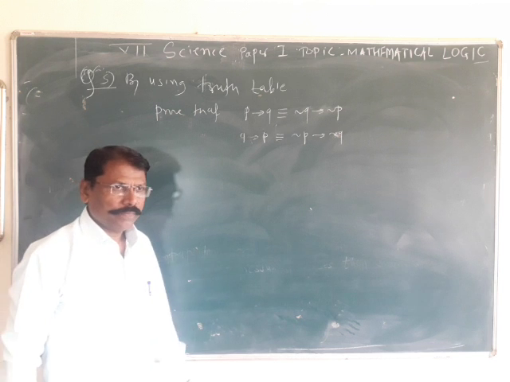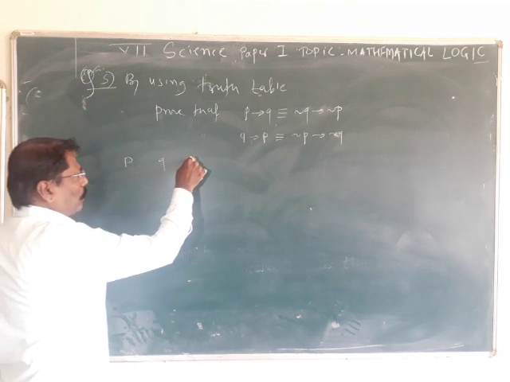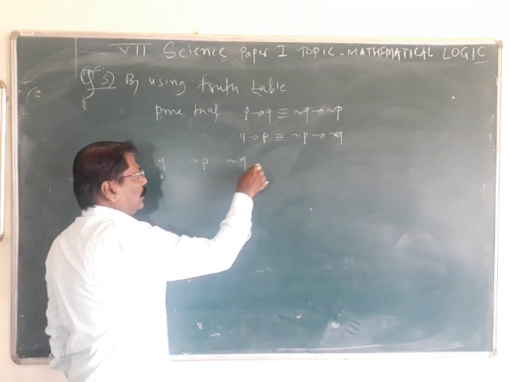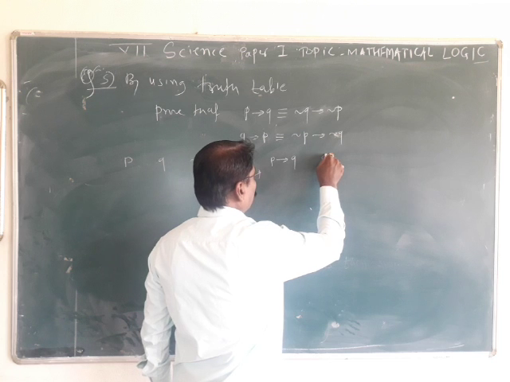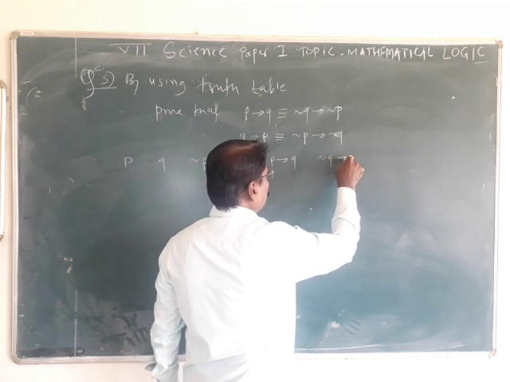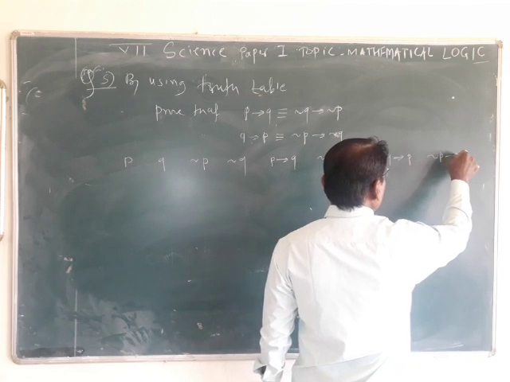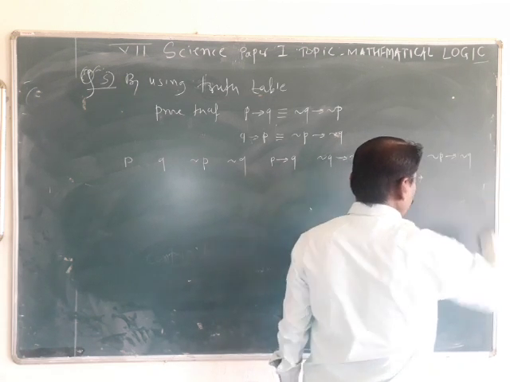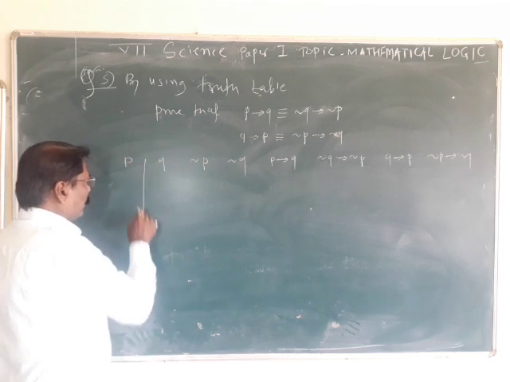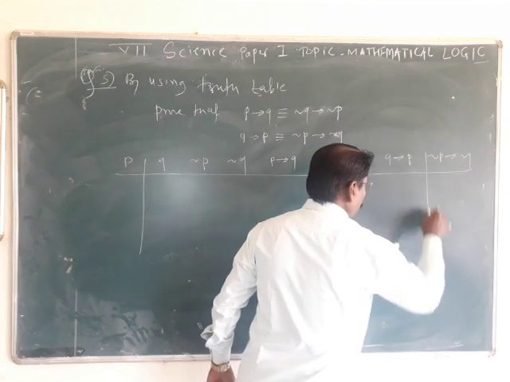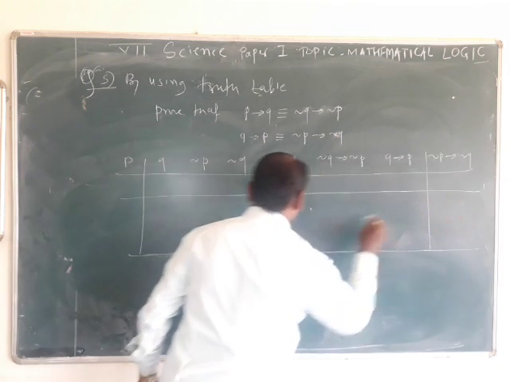We can prove them with the help of a truth table. See there: P, Q, not P, not Q, P implies Q, negation of Q implies negation of P, Q implies P, negation of P implies negation of Q. So out of these four statements, which are the identical statements, we can prove with the help of the truth table, and then I will tell you which statements are identical.